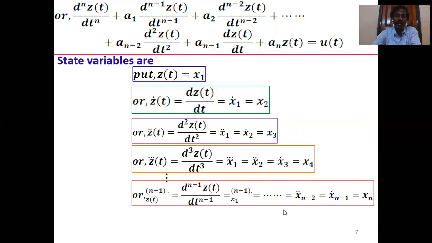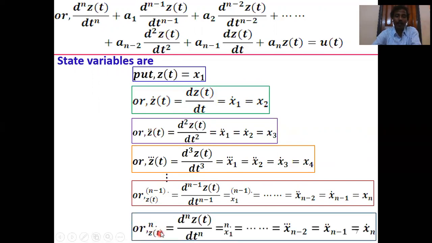Finally d^n z(t)/dt^n equals x1^(n) equals ... equals x(n-1) double dot equals xn dot.